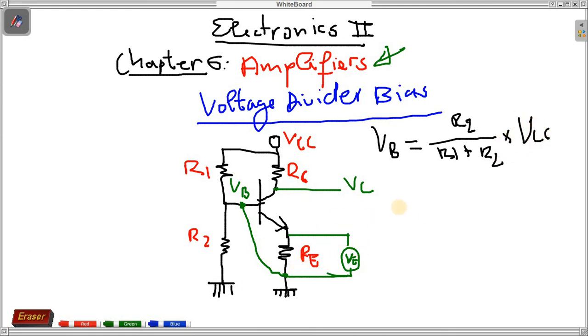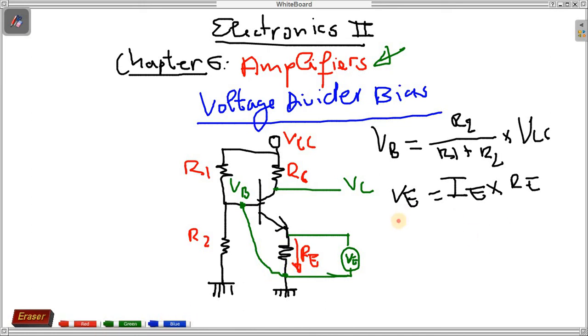And then something else we learn: when we calculate VE, VE will be equal to what? VE will be equal to the current that flows this side, so VE is going to be IE times RE. And the current I is the current that flows here.